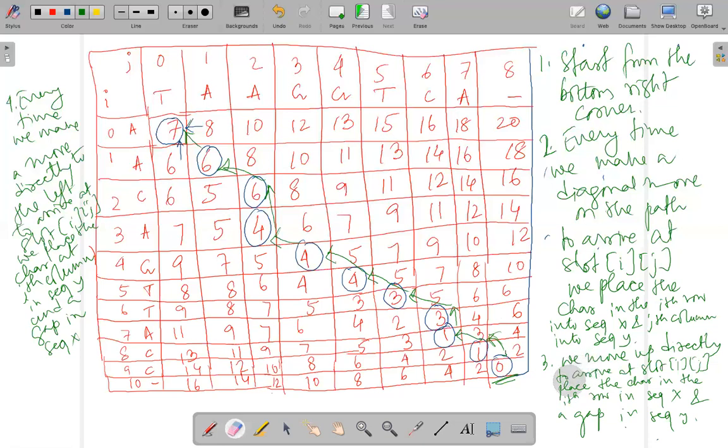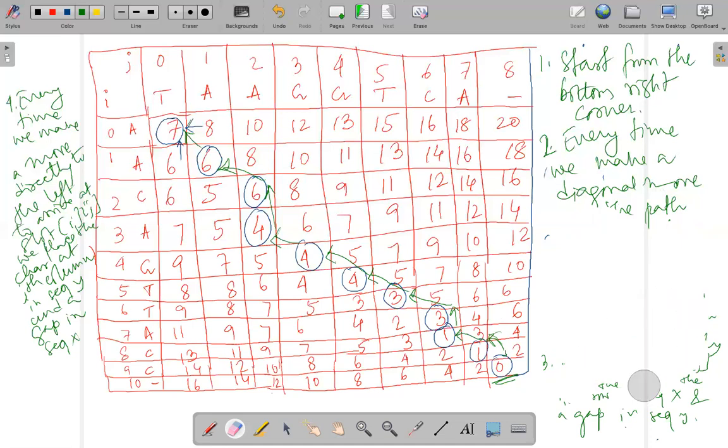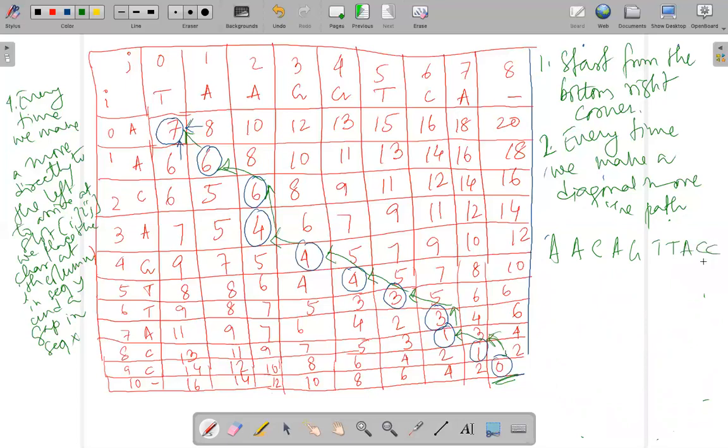the following sequence. The optimal sequence that gives us the minimal cost for this particular example, using backtracking on the table, will be this.